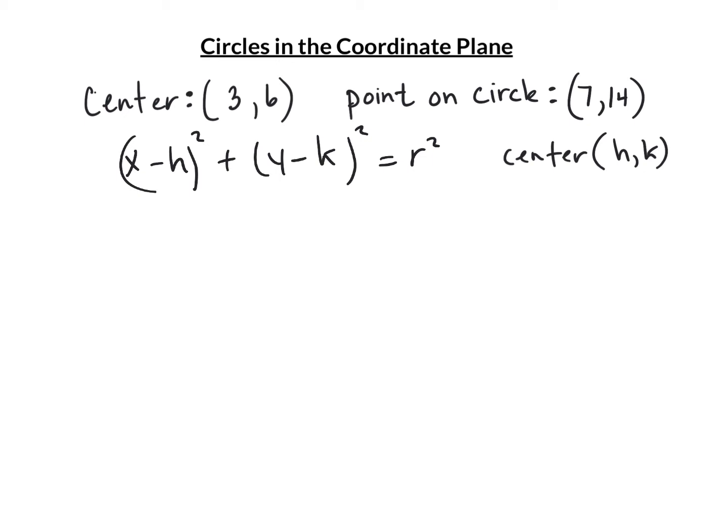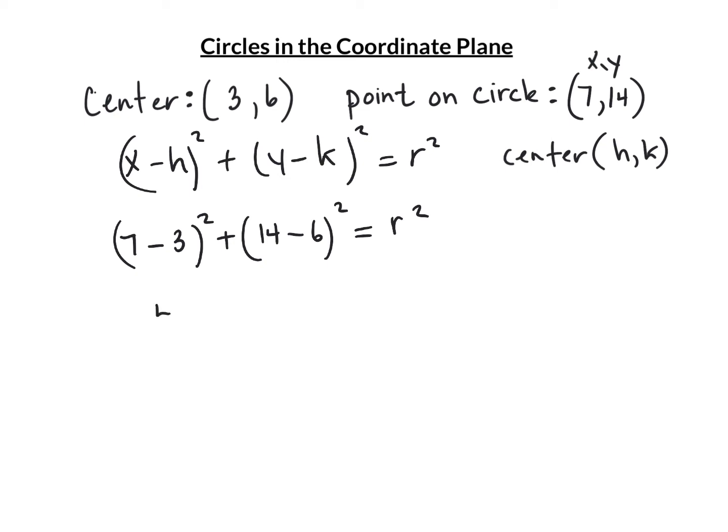I have an x and a y, 7, 14. 7 minus h is the x of the center, 7 minus 3 squared, plus y is 14, it's a point on the circle, minus k is the y of the center, equals r squared. We don't know it.